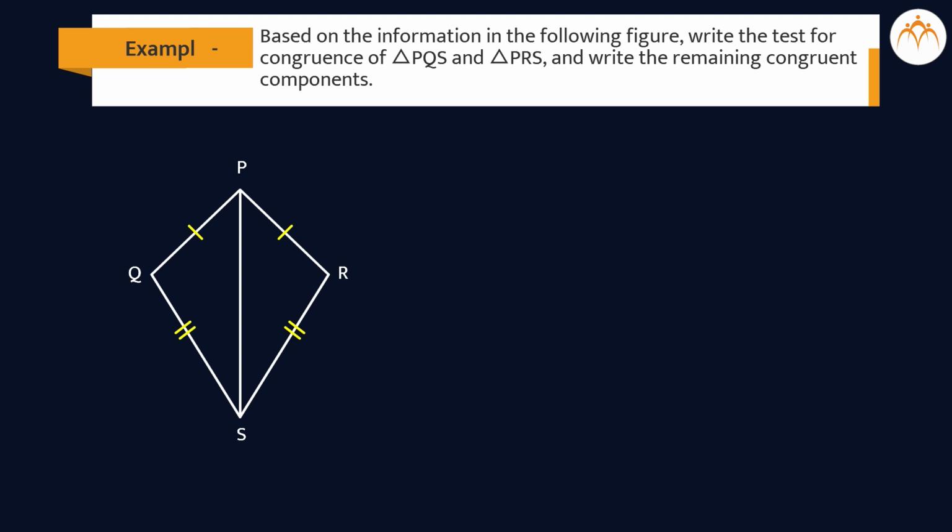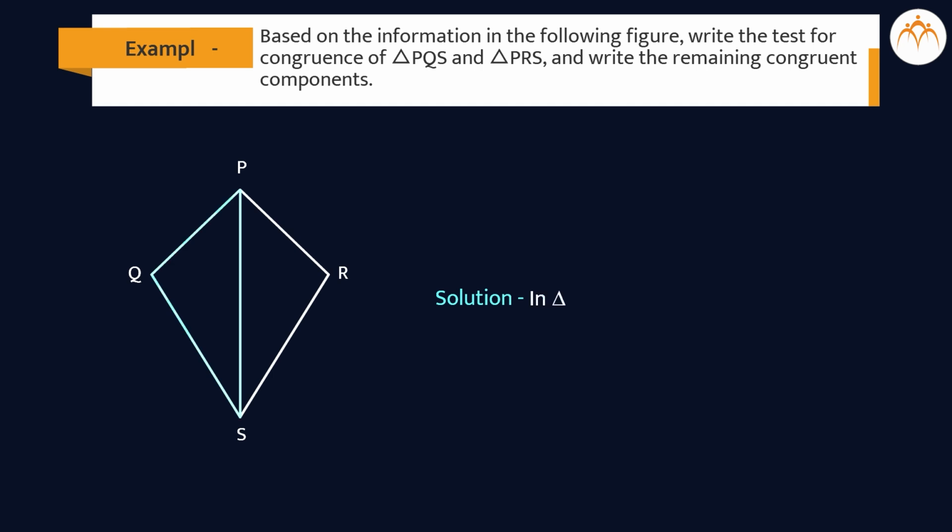Based on the information given in the following figures, write the test for congruence for the triangle PQS and triangle PRS and write the remaining congruent components. Solution. Observe the figure carefully. Here, triangle PQS and triangle PRS are the two triangles shown.